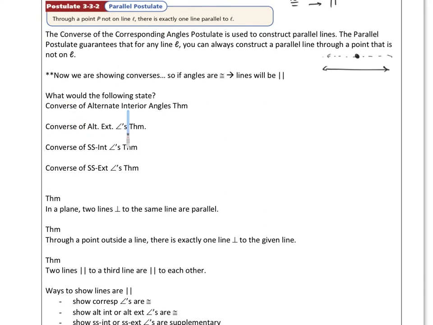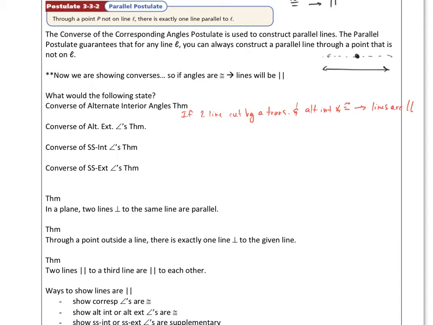So the converse of the alternate interior angles theorem. Now you would say if two lines are cut by a transversal and alternate interior angles are congruent, then the lines are parallel.